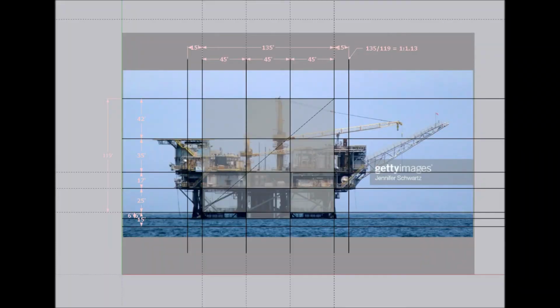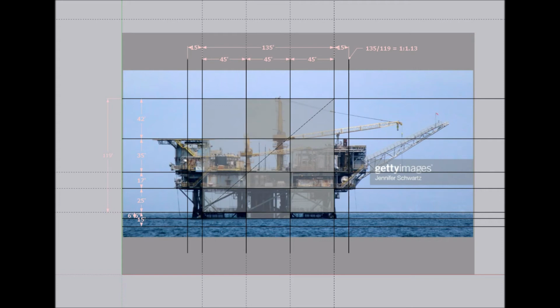So how I did this analysis: I used my favorite graphic tool, which is SketchUp. I do my professional work in SketchUp. It's not really designed for this kind of thing, but it works pretty well for this purpose. So what I did was I imported an image of the platform habitat that we see here from Jennifer Schwartz.